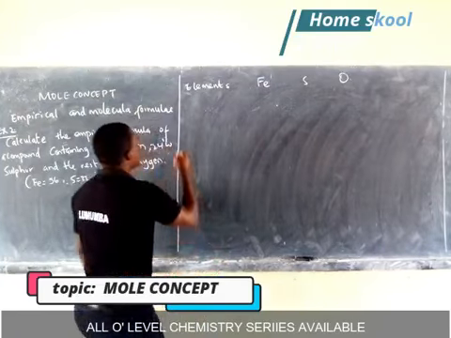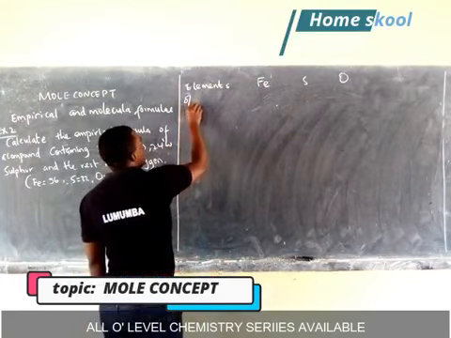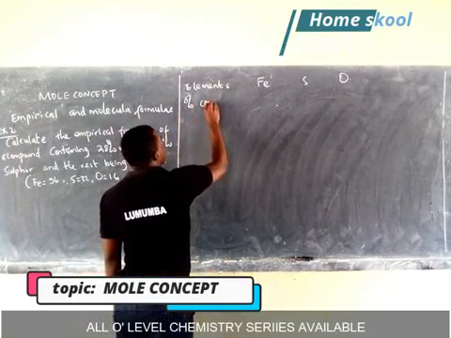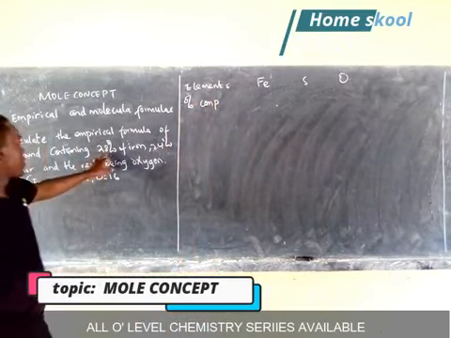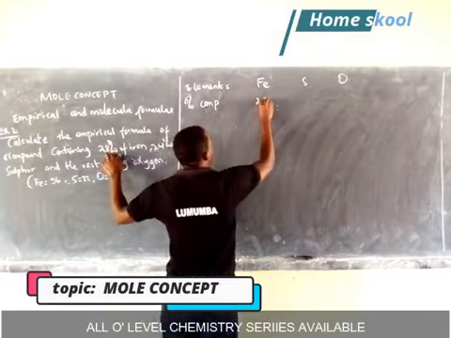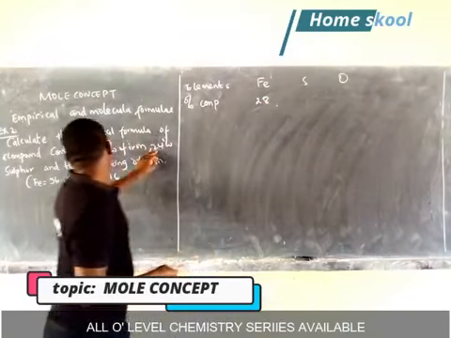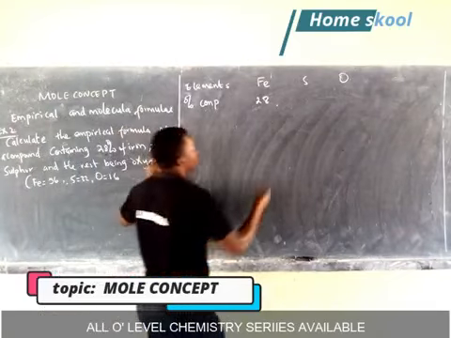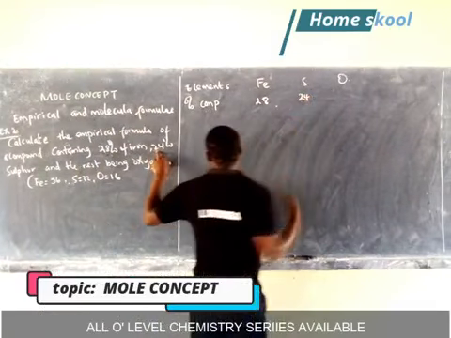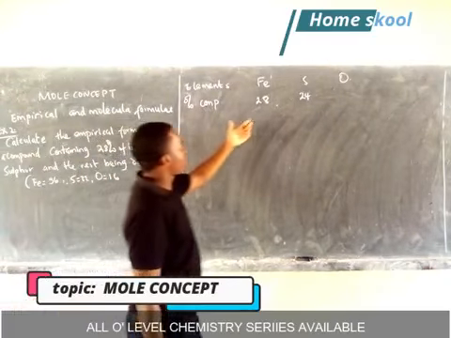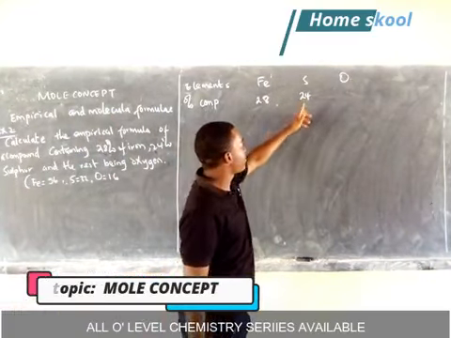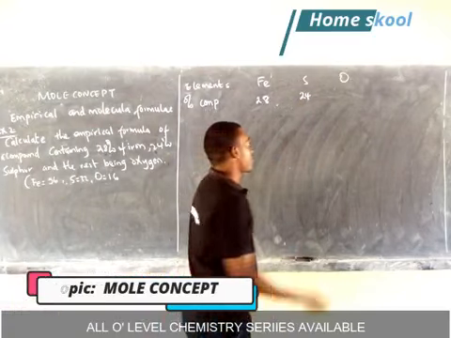Then, number 2, write the percentage composition. Iron, they give us, it is 28. Then sulfur is 24. Oxygen, they say the rest being oxygen. That means when you subtract 100 minus the sum of these, you get the percentage for oxygen.